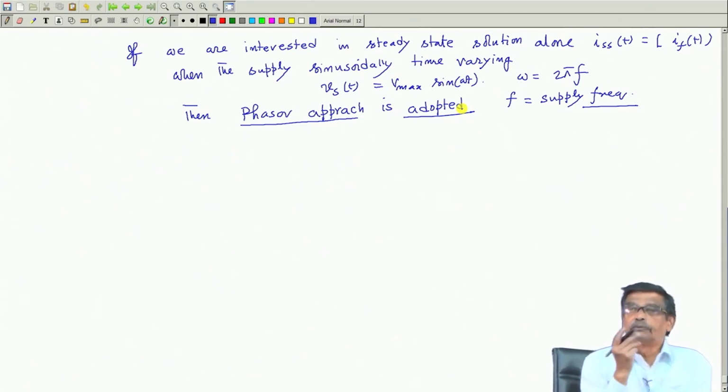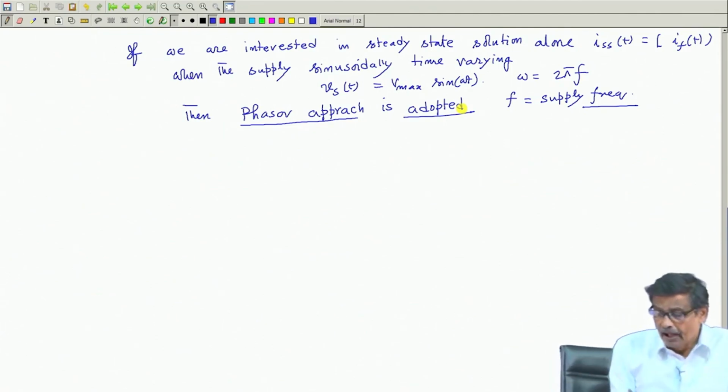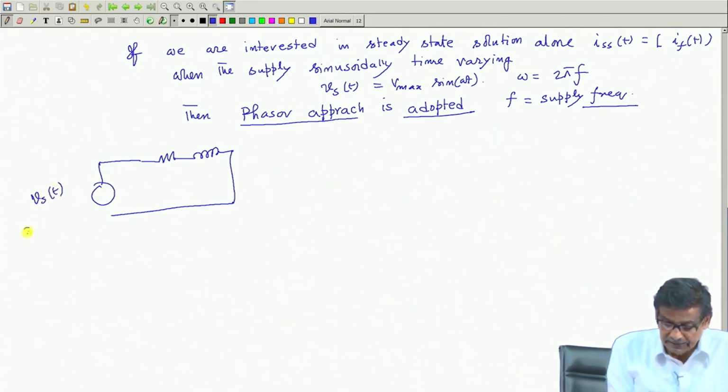Now, the question is what is Phasor approach? Okay, for the first time let us consider a circuit like this. This is very interesting. RL, and here is a supply voltage we have connected like Vm sin omega t.